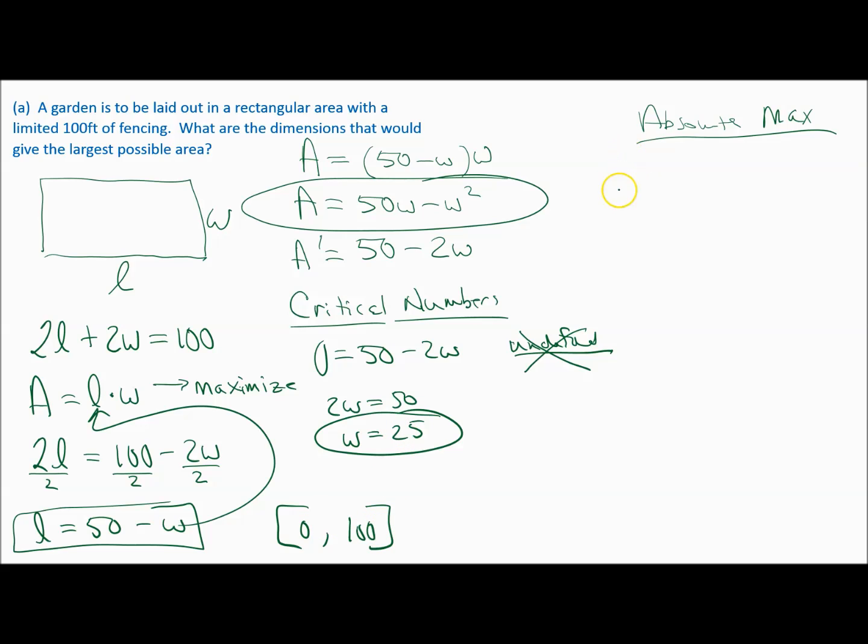So I'm going to evaluate the area at 0. So it's 50 times 0 minus 0 squared. So that equals 0. Okay. And then I'm going to plug in 25. So that's 50 times 25 minus 25 squared. I'll do that calculation in a minute. And then 50 times 100 minus 100 squared.